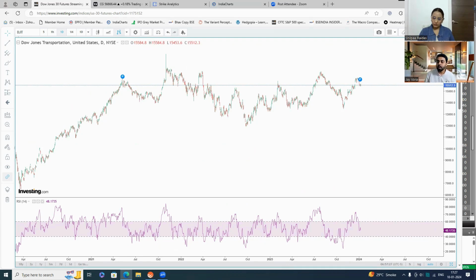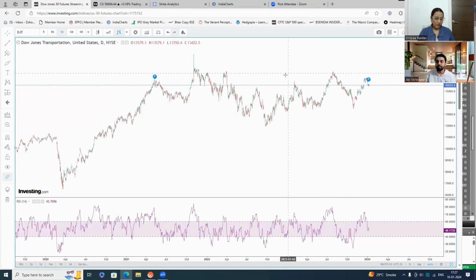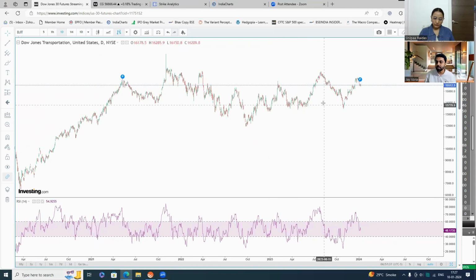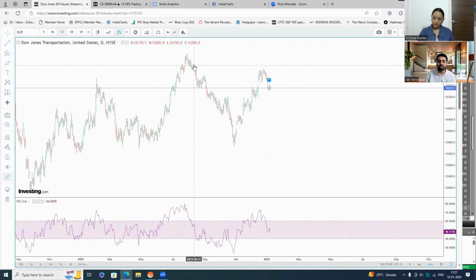So actually what is happening is that the US indices had made a new 52-week high, or the all-time high. But as you can see, DJT is well below its previous high, right? And that is a divergence among the US indices. In fact, DJT has not even surpassed this high.